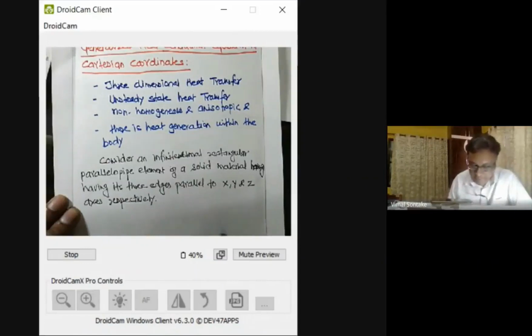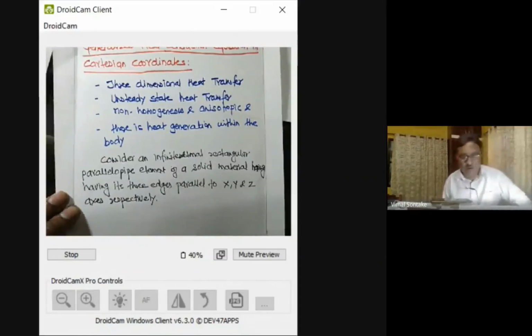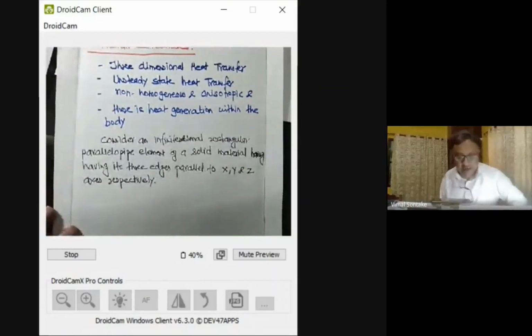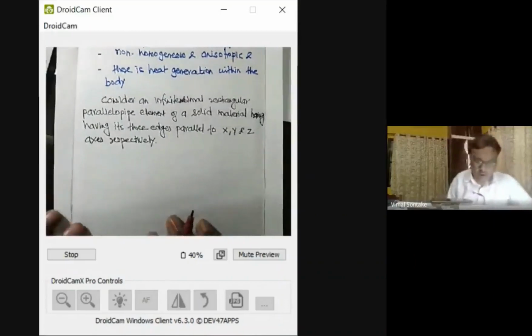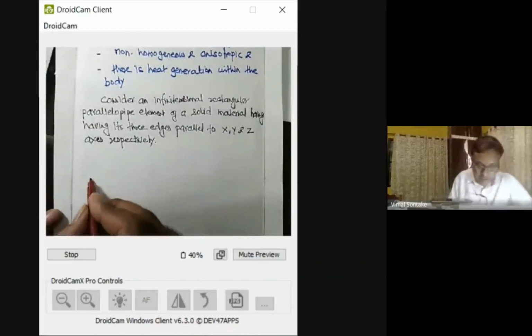Okay. So what is this element we are talking about? Let us draw this first. So let us consider this solid body in the form of a wall.